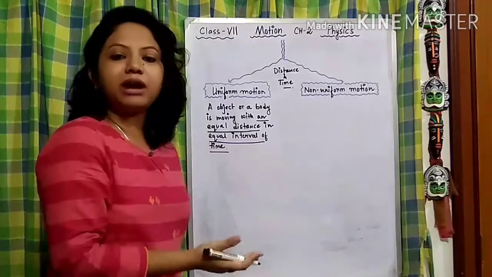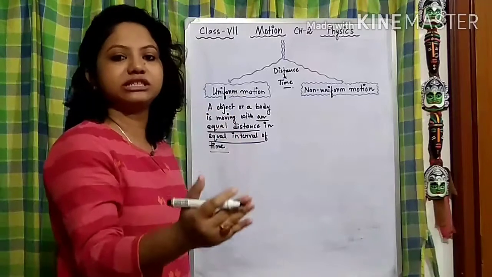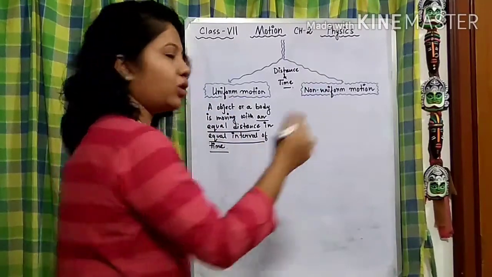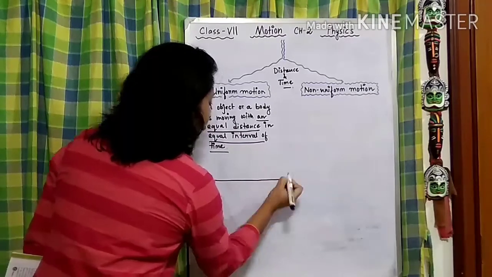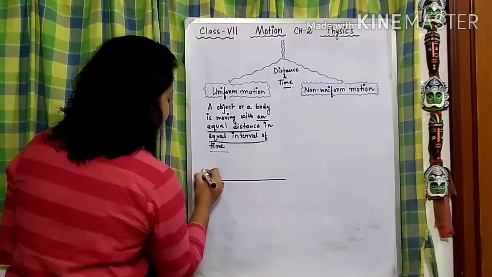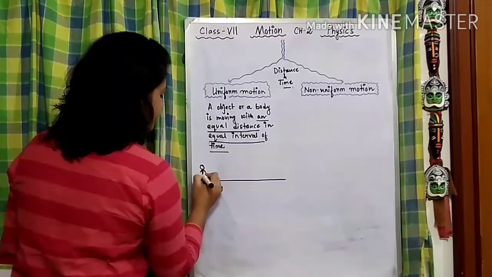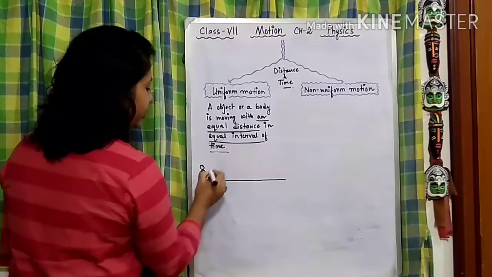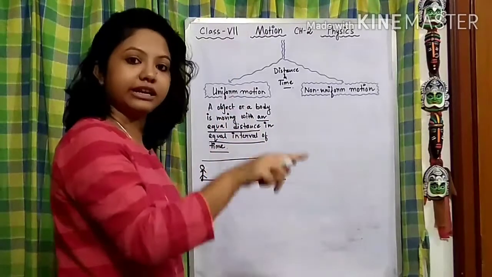Now what do we mean by terms like equal interval of time, equal distance? Take an example. Say this is a road, and a person is standing here. This person will go toward this direction without any change in the direction.